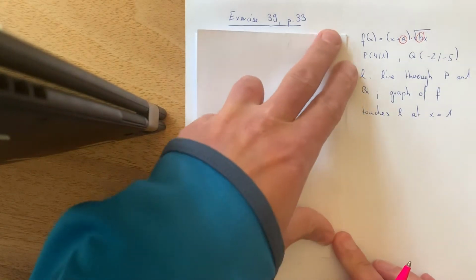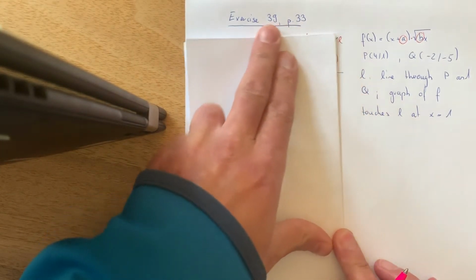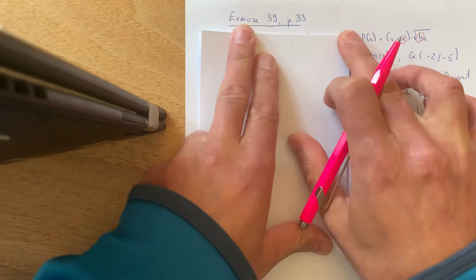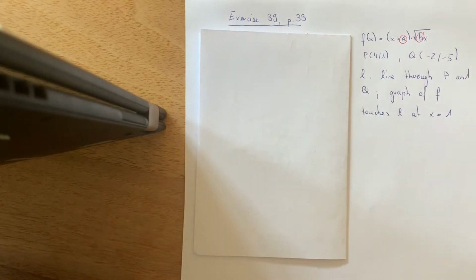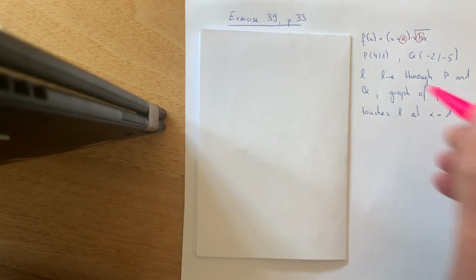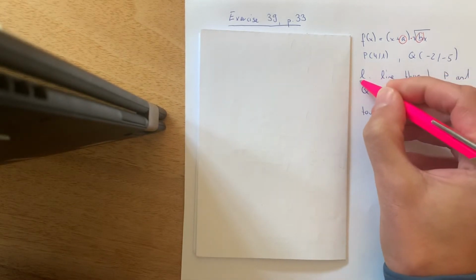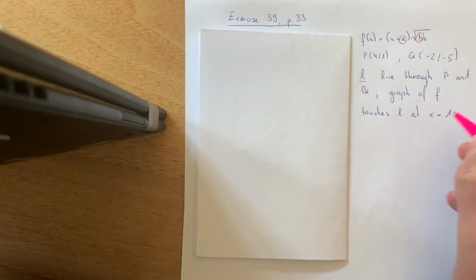Okay. So what do we know about this function? Well, we know the following thing. We know that the graph of this function touches a straight line L. And we know that it touches this straight line at x equals 1.